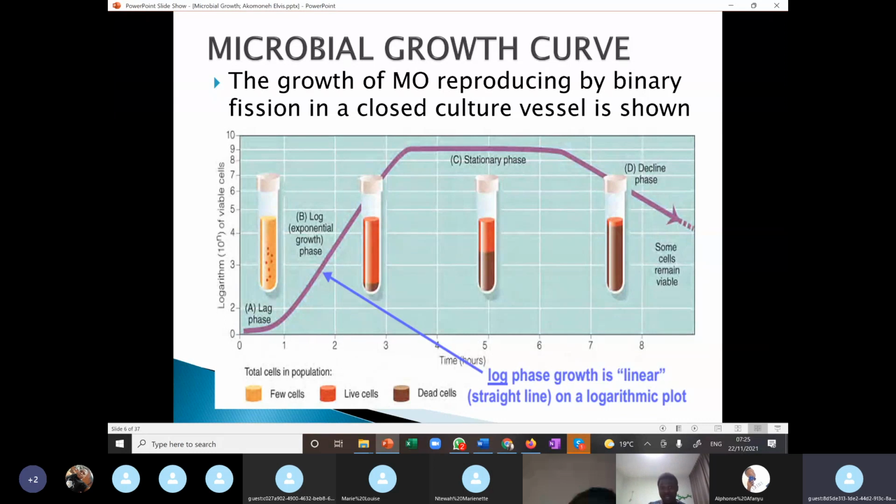And I must note that a lot of metabolic changes take place in the cell between the stationary phase and the decline phase, which we are going to discuss. At this position, the stationary phase of the growth cycle, the first metabolic change in some organisms is that they switch from producing primary metabolites to producing secondary metabolites.